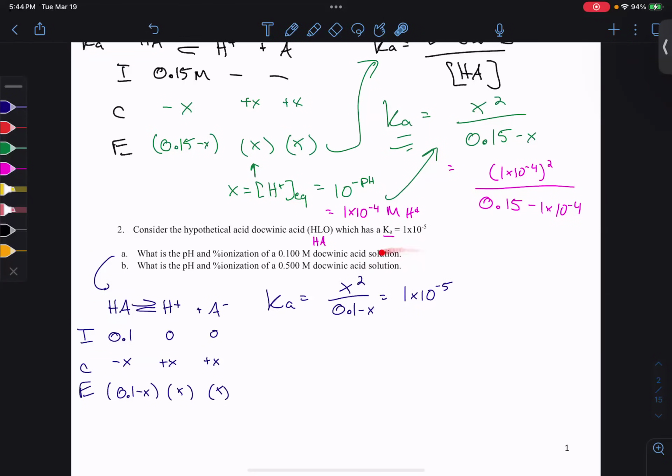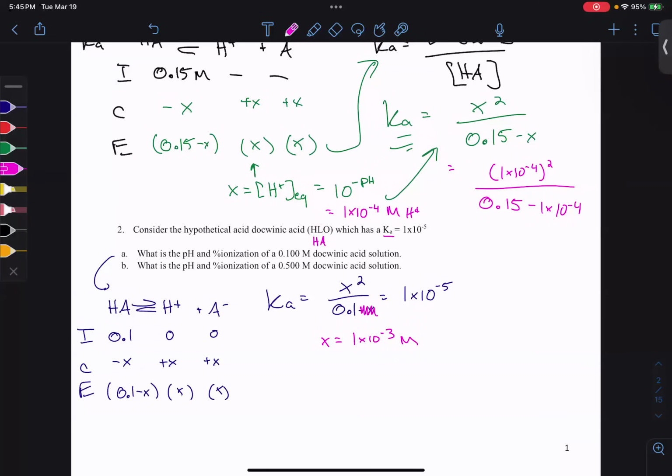Does this require the quadratic? Yes. So do you want to approximate? Yes, let's approximate. And so when we approximate, we just get rid of that minus x. And so then when you solve, x is equal to 1 times 10 to the negative 3 molarity.